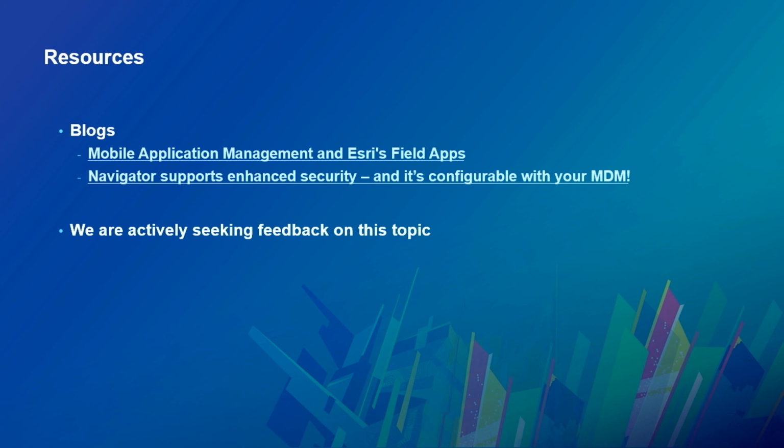This might be more of a comment than a question, but I think when you're doing your testing, try to make sure that you're testing in the different deployment scenarios of BYOD versus corporate owned.